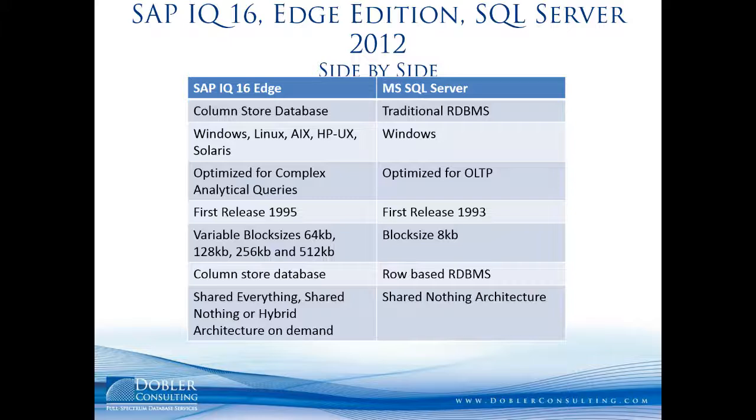What's new in 16 is essentially IQ is now not only a shared everything, which means that the system is going against a single store, and the compute is around that.